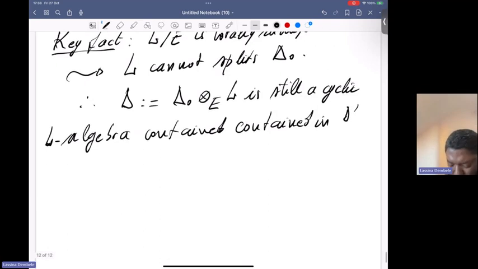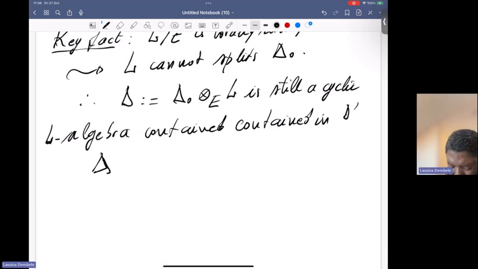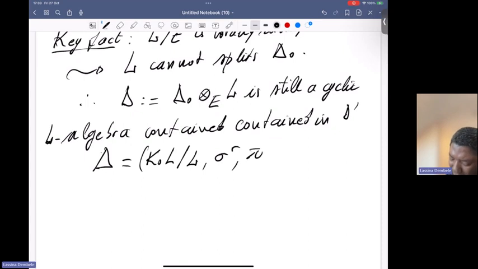And in fact, delta is simply obtained by taking the composite of K0 with L over L, sigma R and pi. So that's how you get the base change of delta. And so this is a cyclic algebra which is contained in D prime.